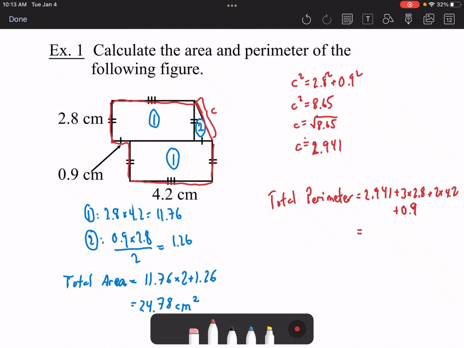So if I use my calculator, I get this to be 20.641, and because this is only a length, this is centimeters. Don't forget to use the units at the very, very end.